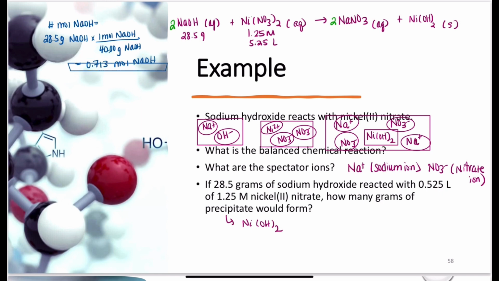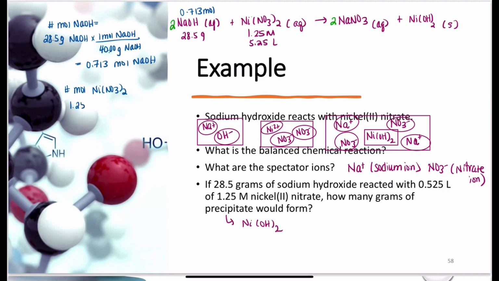Okay, let's just write that up here. 0.713 moles. I know I have 1.25 molar of nickel nitrate, so number of moles nickel 2 nitrate, if I take that and multiply it by its volume, I'm going to get the moles of nickel 2 nitrate.